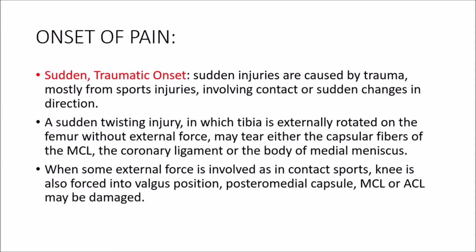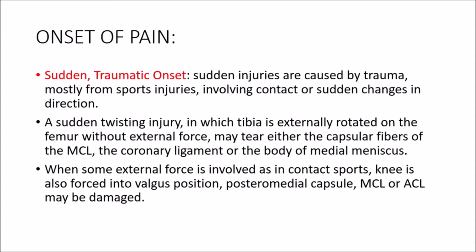Next is the onset of pain, whether the pain is of sudden, gradual, traumatic, or non-traumatic onset. First one is the sudden traumatic onset. Sudden injuries caused by trauma are common, especially from sport activities, contact, or sudden changes in direction.